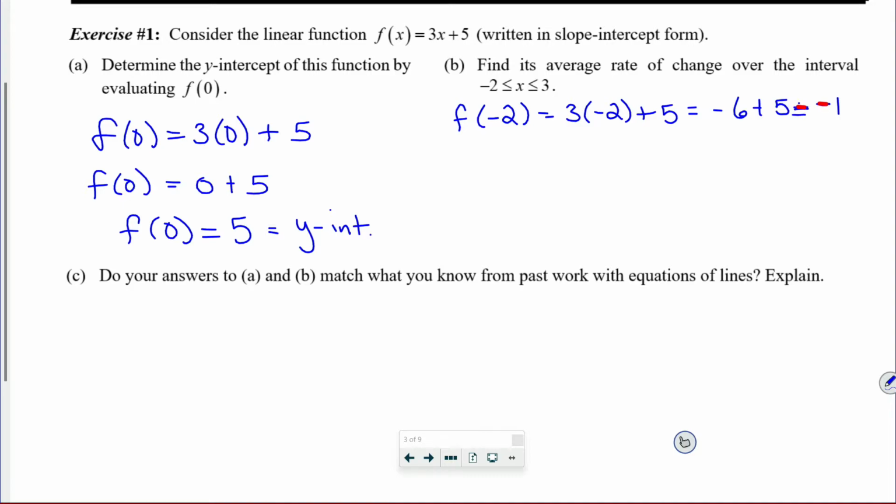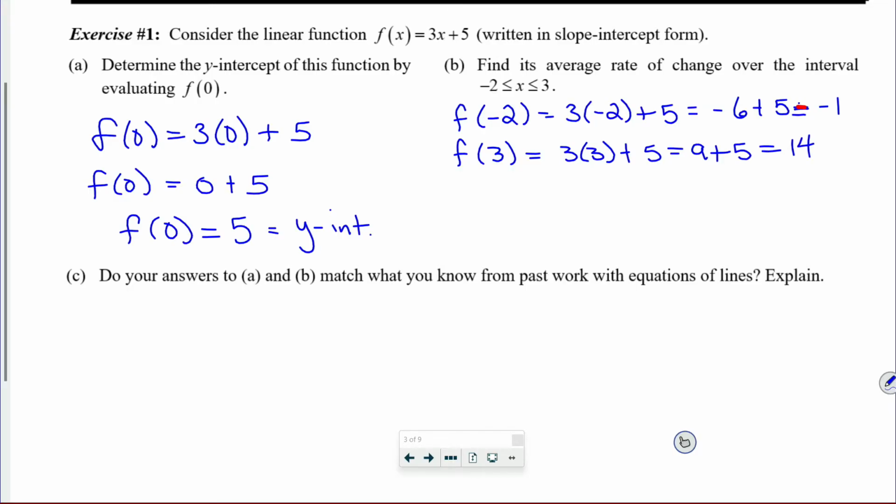And now let's do f of 3. 3 times 3 plus 5. 9 plus 5, which is 14. Great.